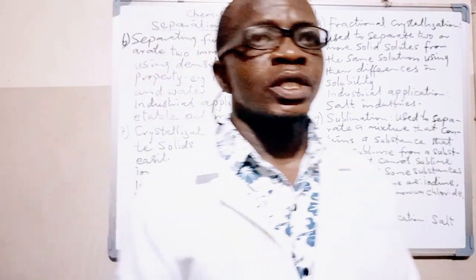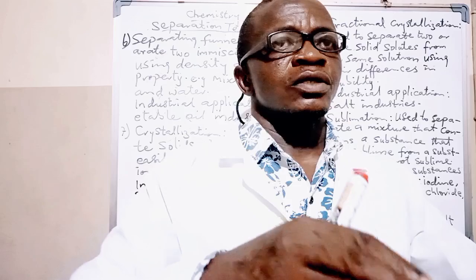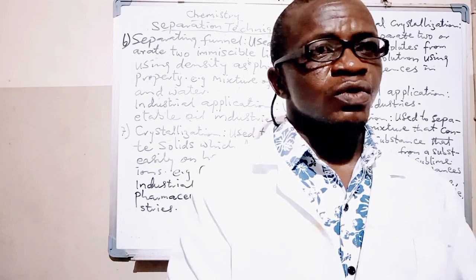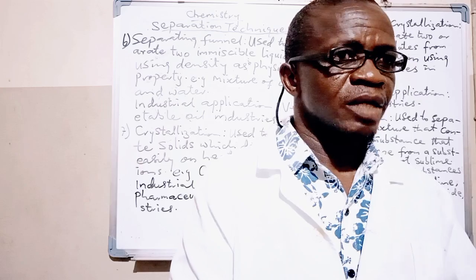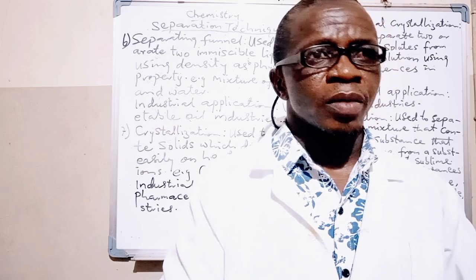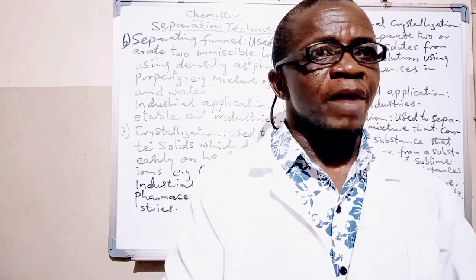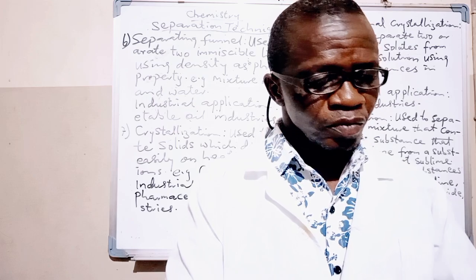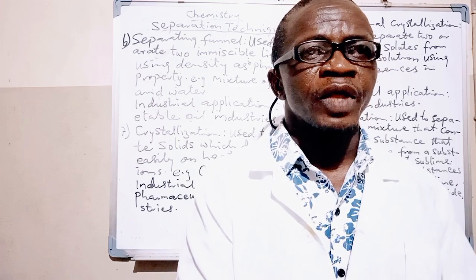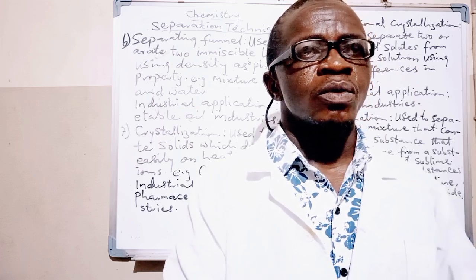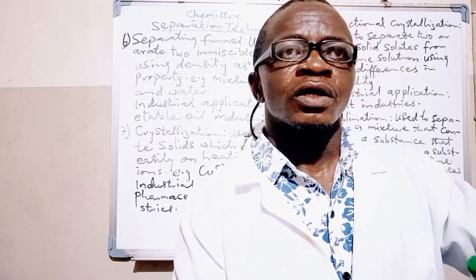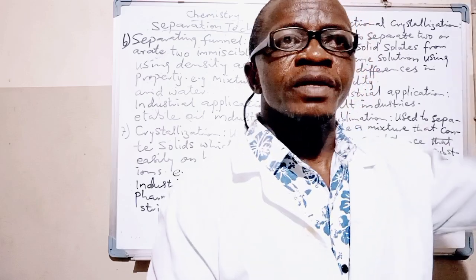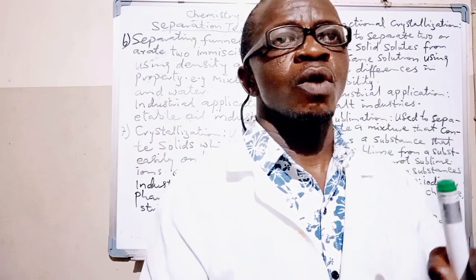Now, for example, if you have ammonium chloride, it looks like sodium chloride. Remember, I said sodium chloride is the edible salt. Both of them are crystalline in nature. If both of them are mixed together, how do you separate them? You apply heat. Ammonium chloride will sublime, going out from the mixture, leaving what?